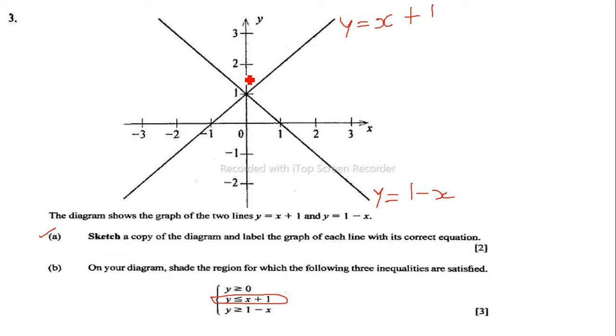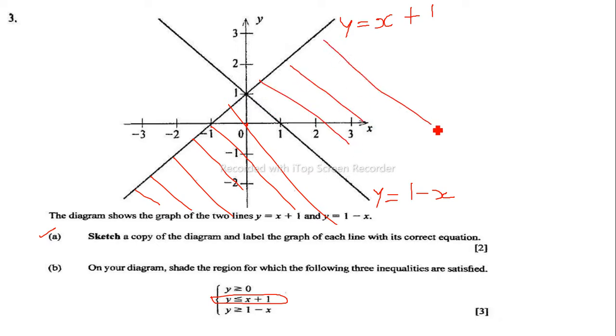Remember that we were testing this point with respect to this line, so it's really all of this, to be honest, all of this is the answer, because that's where y is less than x plus 1. But they only want us to do it for y is less than or equal to x plus 1.